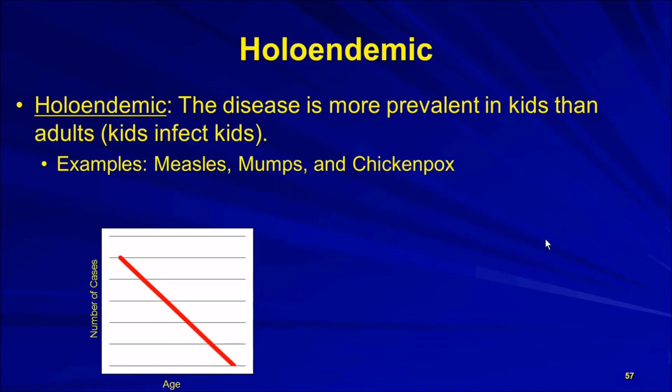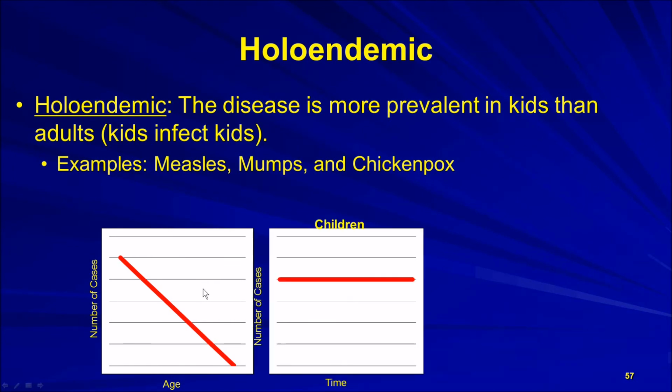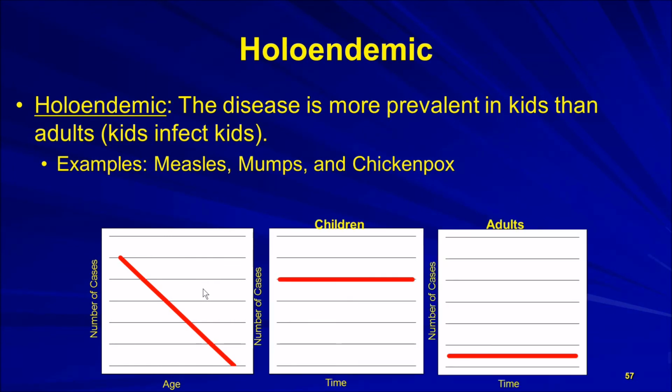Now, holoendemic, and I want to show you this in a couple of different ways. This graphic indicates this is a disease. The first graphic down here that looks at number of cases and age shows that the disease occurs amongst children. These two show the same thing.